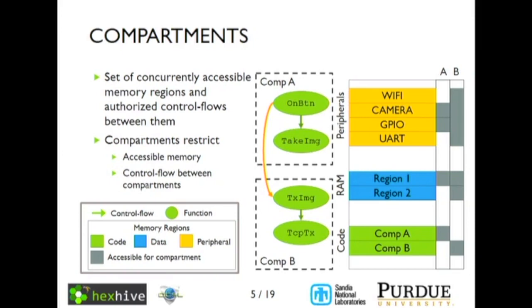Off to the right, you've got A and B, and if there's a gray box, it means that compartment A or compartment B can access the memory just left of it. So compartment A could access the camera and the GPIO and RAM region 1, whereas compartment B could access all of the peripherals and RAM regions 1 and 2.